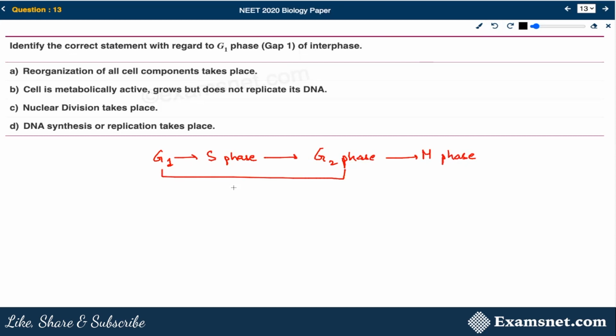So these three are the phases of interphase.